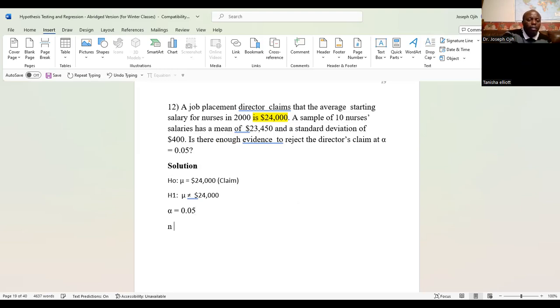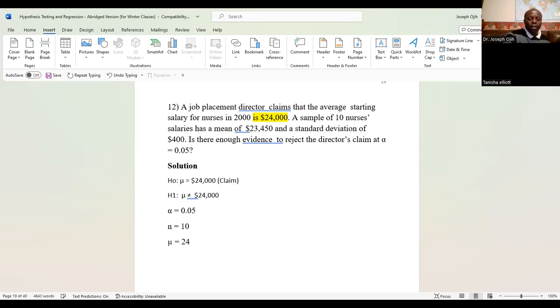Our n equals 10, since we have a sample of 10 nurses. Alpha is 0.05 and n is 10. The mean is 24,000.